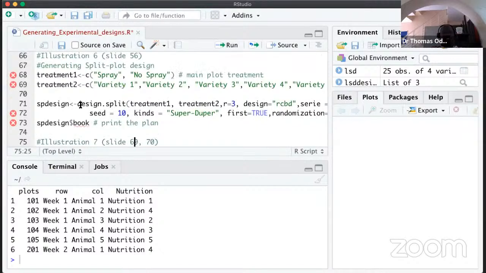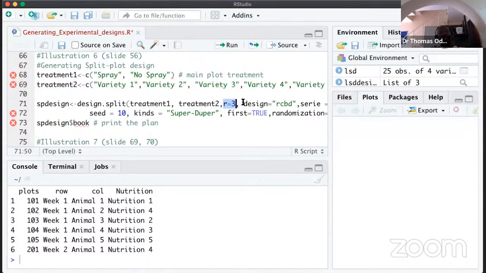So it's still the same agricolae. So design here, and then the dot split means we are designing a split plot design. Remember the other ones, design.lsd for the Latin square, design.rcbd for randomized complete block design, and then design.crd for completely randomized design. So in this case, the main plot factor comes first, treatment 1, and then the second one is the subplot factor, and then how many replicates you want.